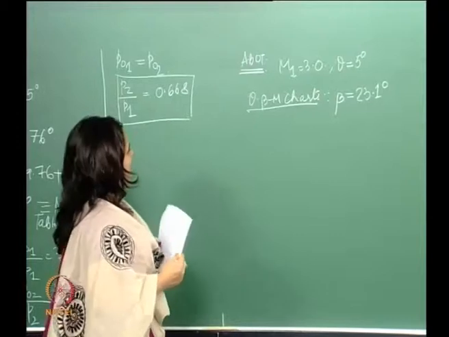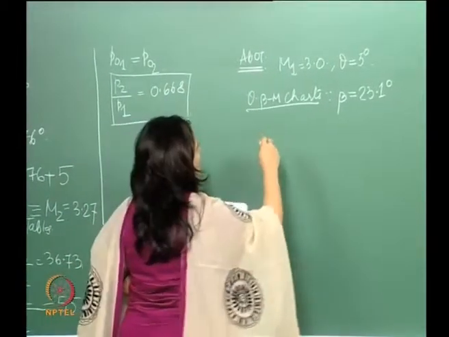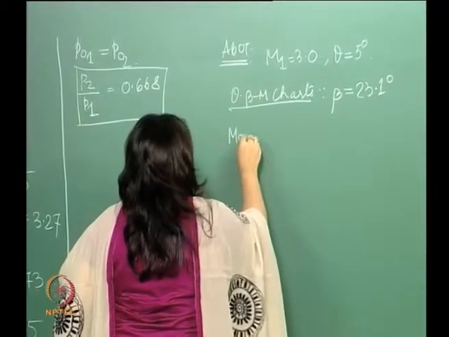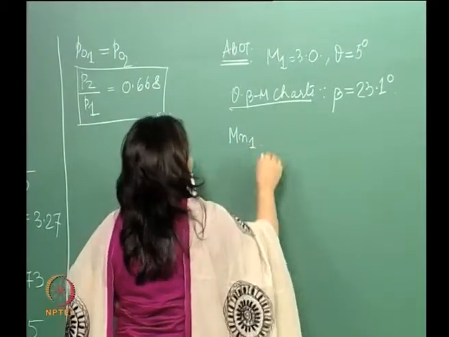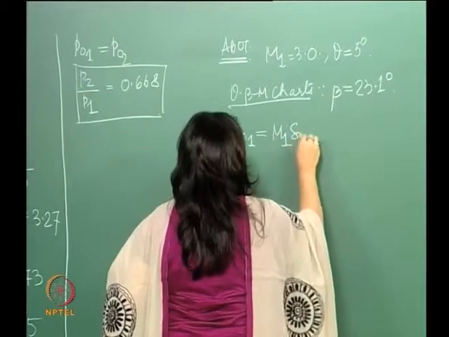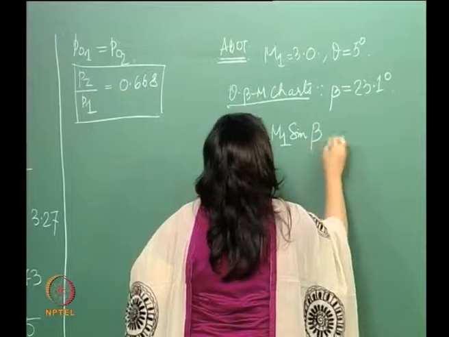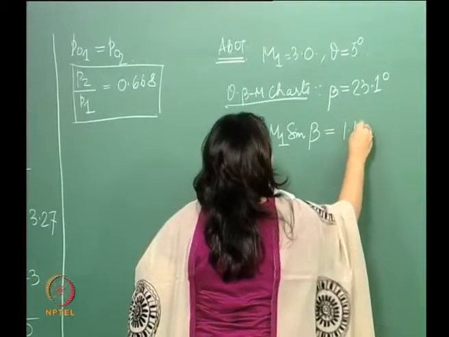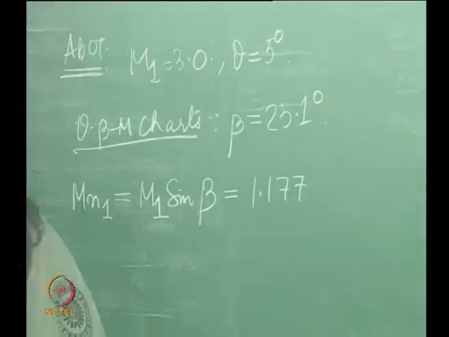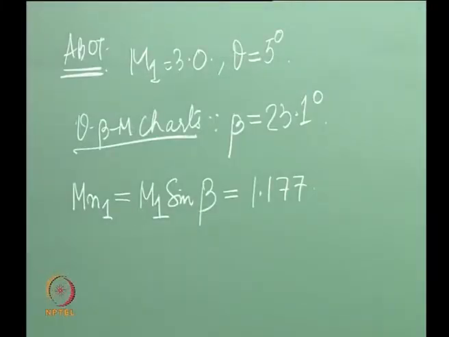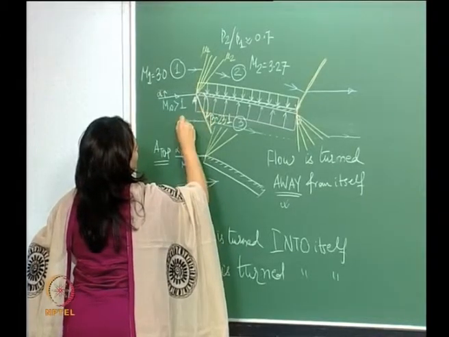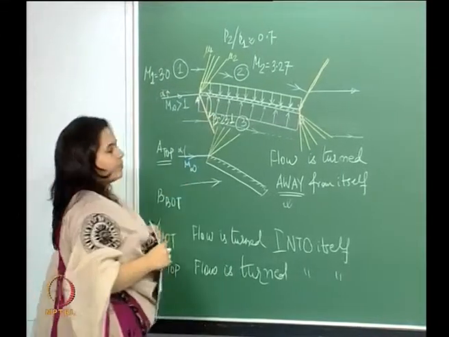Okay. So, here, now that we have an oblique shock here, the usual, so Mn1. We can calculate that by M1 sin beta, that comes out to be 1.177. This is the normal component of the shock across this oblique shock.